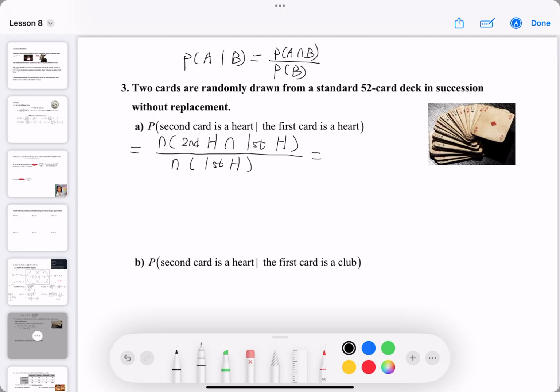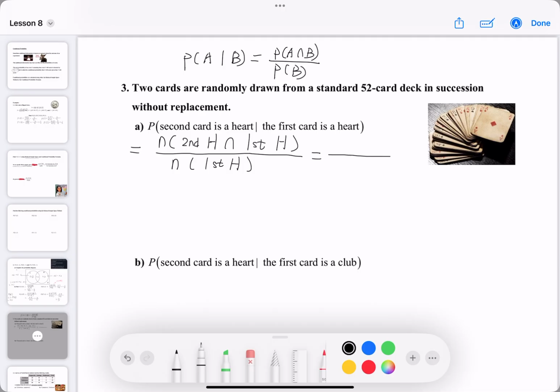Let's see the numbers. I'm going to choose the first card first. The first card is a heart.